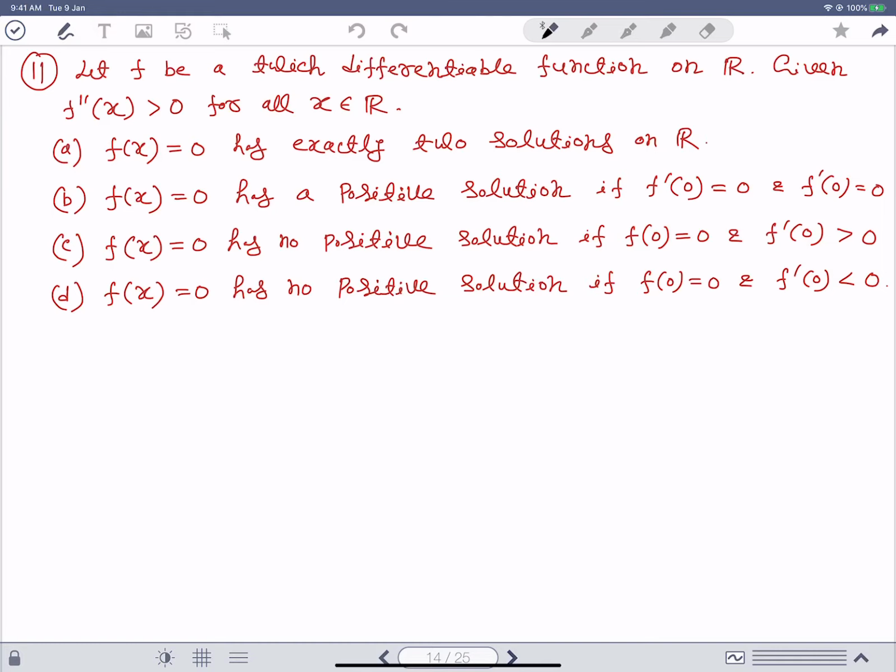And B says f x has a positive root if f 0 equal to 0 and f dash 0, oops, I missed something.